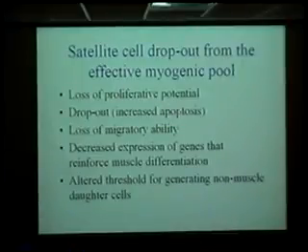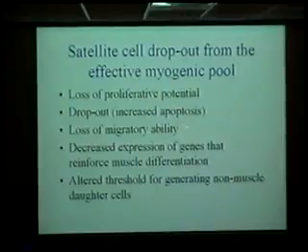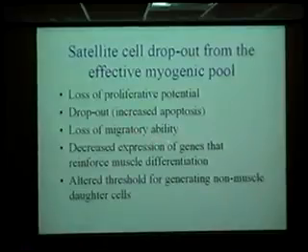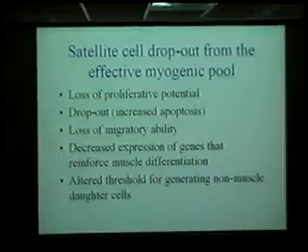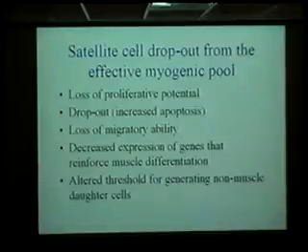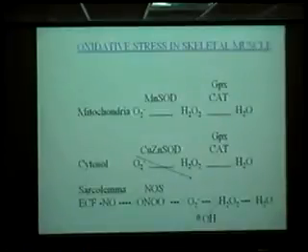They could stop proliferating. They could die. They could lose their ability to migrate to the places where muscle needs to be replaced. Again, you can change the gene expressions that reinforce muscle differentiation, or you could turn on genes that force them to be not muscle. And so this is the kind of things that we're looking at in very, very old stem cells from muscle versus young stem cells.